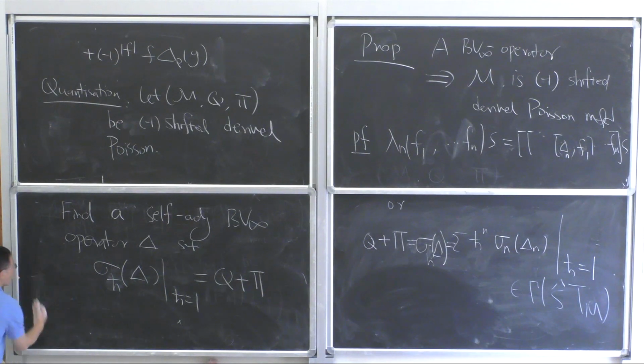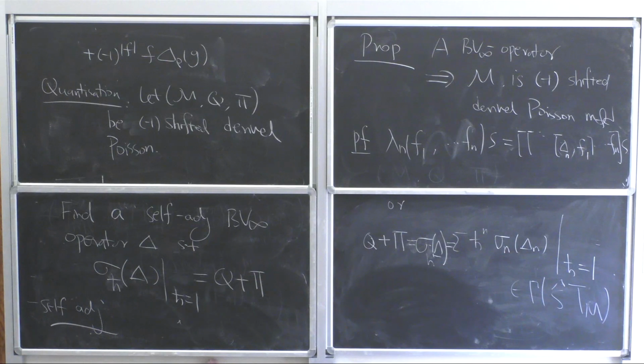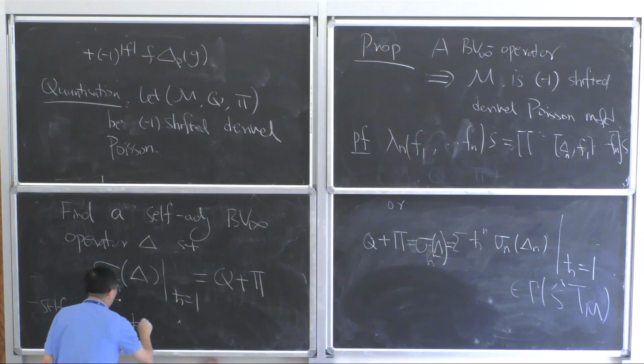What does self-adjoint mean? Since I have half densities here, you can take each operator and take a dual operator. But then basically you need the h dual to be defined as minus h.